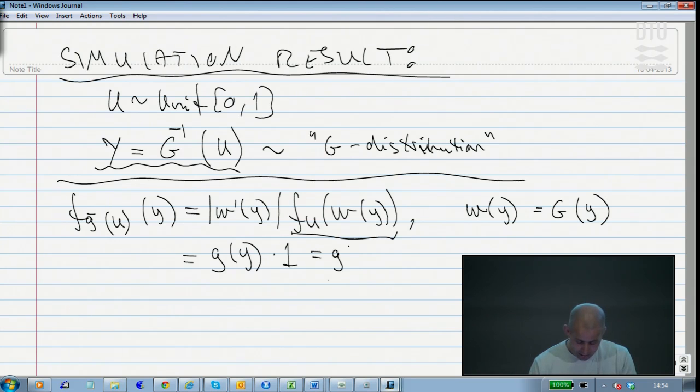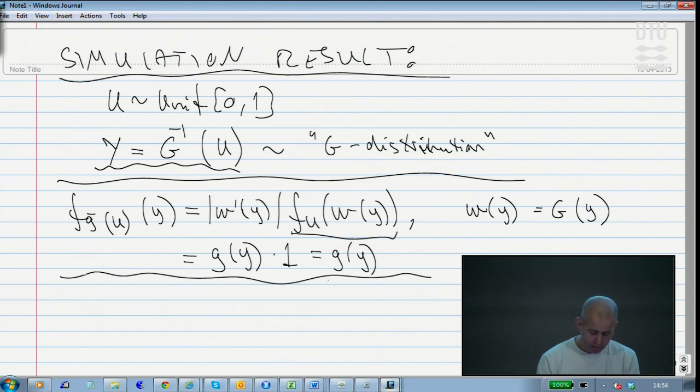And basically, this is the proof that the density of these ones coming out there, capital G inverse of U, becomes actually the y density, the density of y.